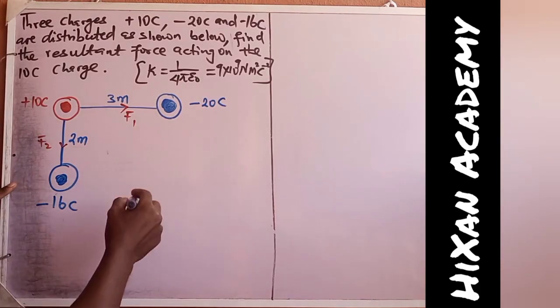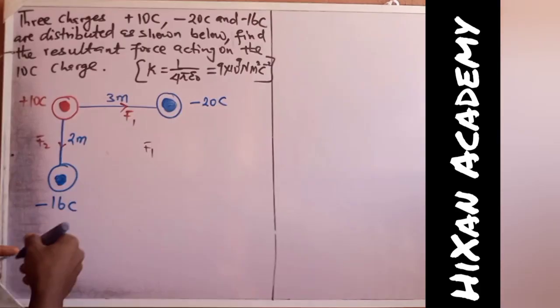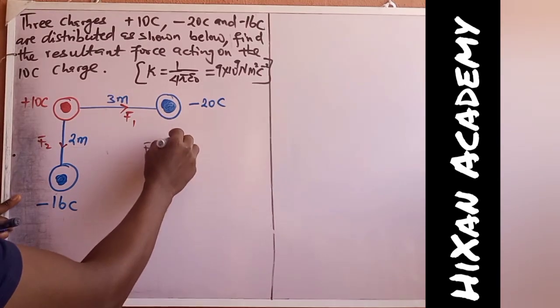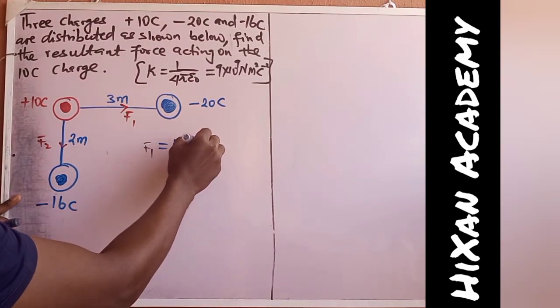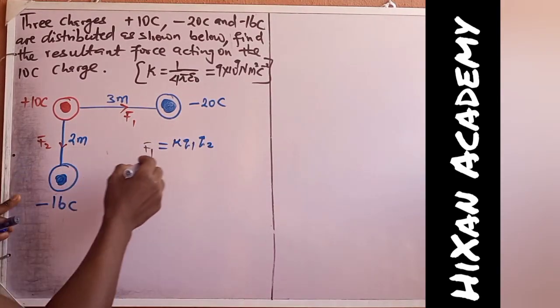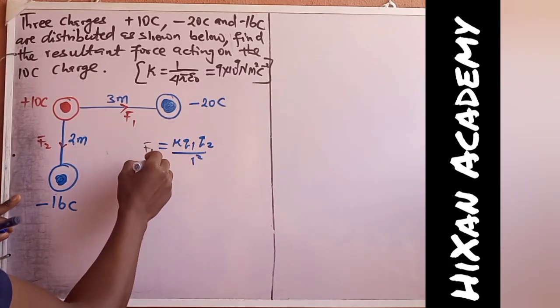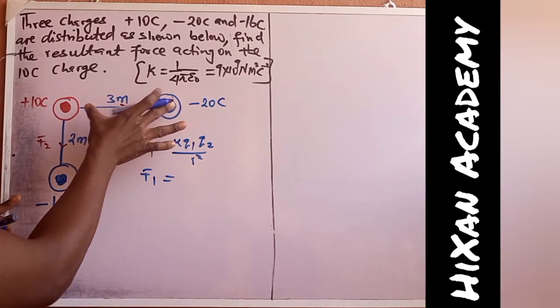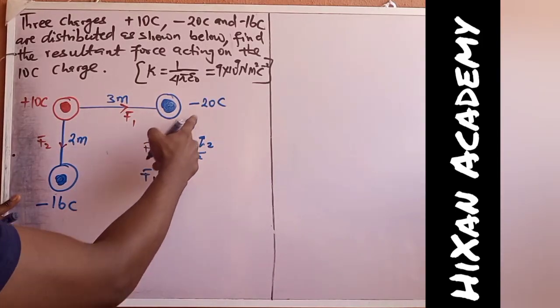So let's begin with F1. So for F1, this will be K charge 1 charge 2 upon r squared. So F1, remember F1 is force between 10 Coulomb and 20 Coulomb. Then K value is this.